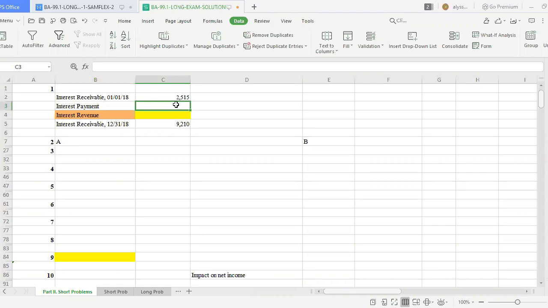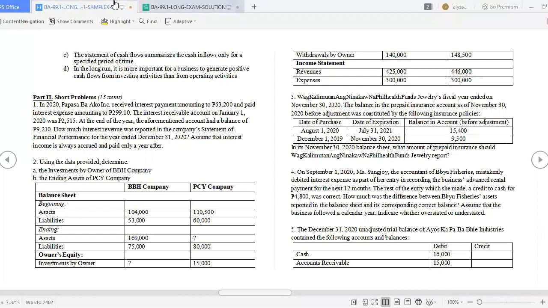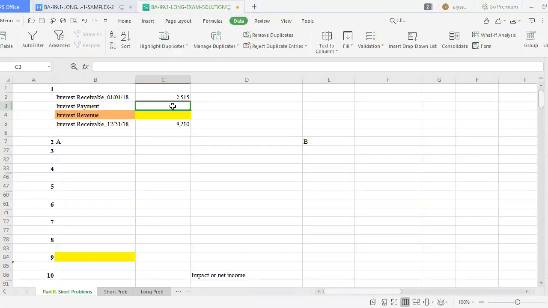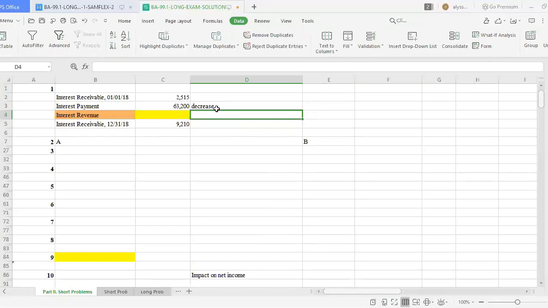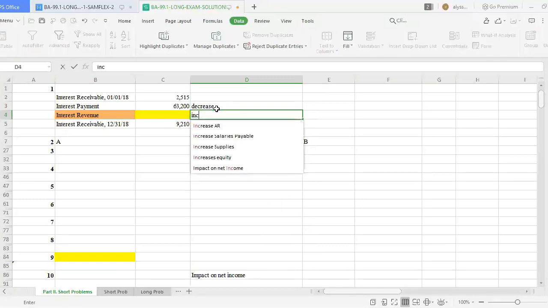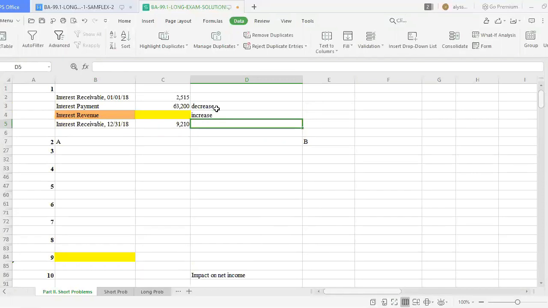So the company received 63,200 interest payment. For this interest receivable, this decreases interest receivable. Interest revenue, on the other hand, increases interest receivable.